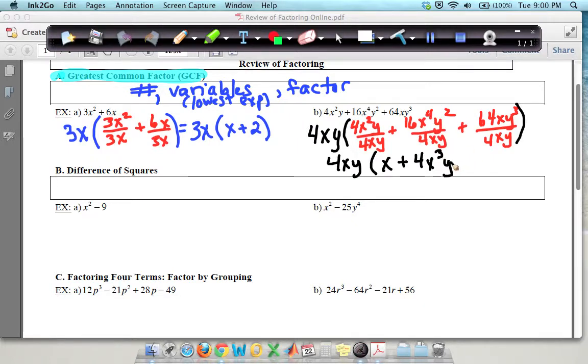Plus, 4 goes into 64 16 times, the x's cancel, y cubed divided by y is y squared. And that's it. So I just want to remind you, if you are dividing here, like let's say this was 64 divided by 64 and that equaled 1, you can't leave that blank. You do need to put that 1 down. So just be careful with that.